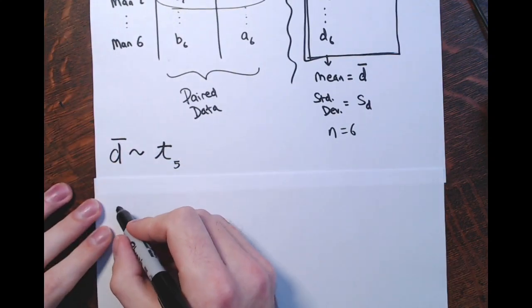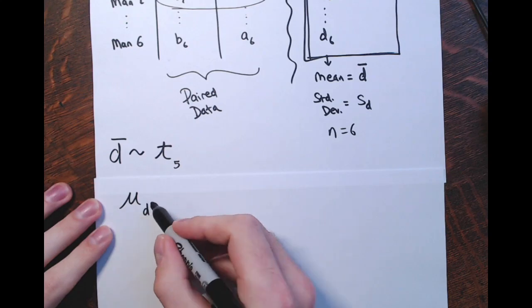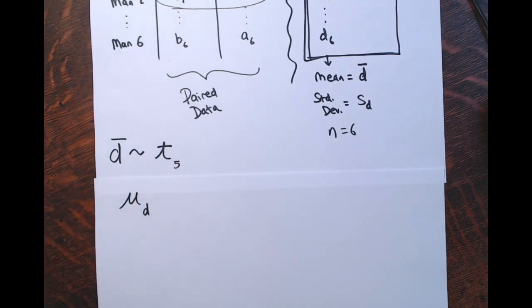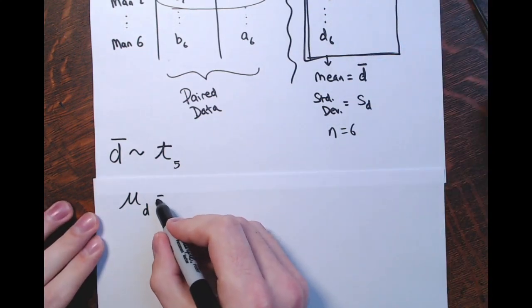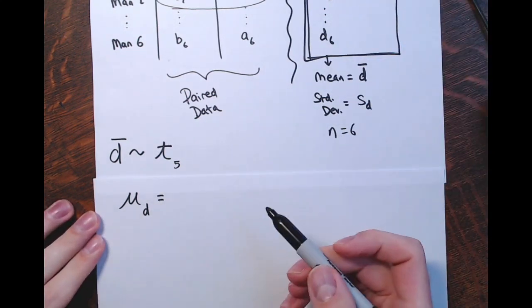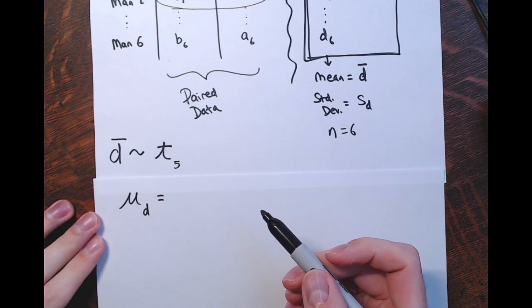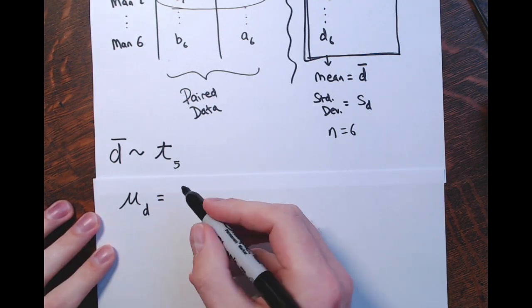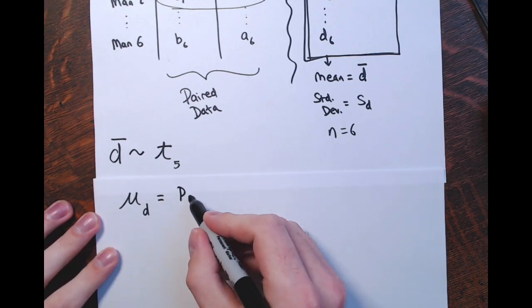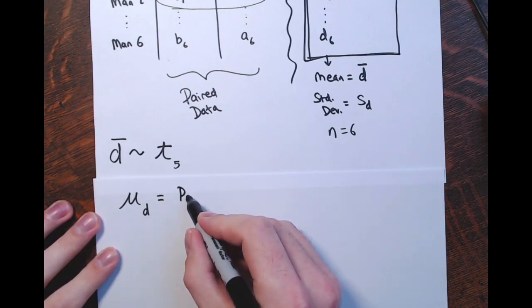First I want to talk about what this means. All the hypotheses related to these paired data sets and these differences are going to be related to this value called mu sub d that you're going to see. This is the population mean difference in their before and after weights.